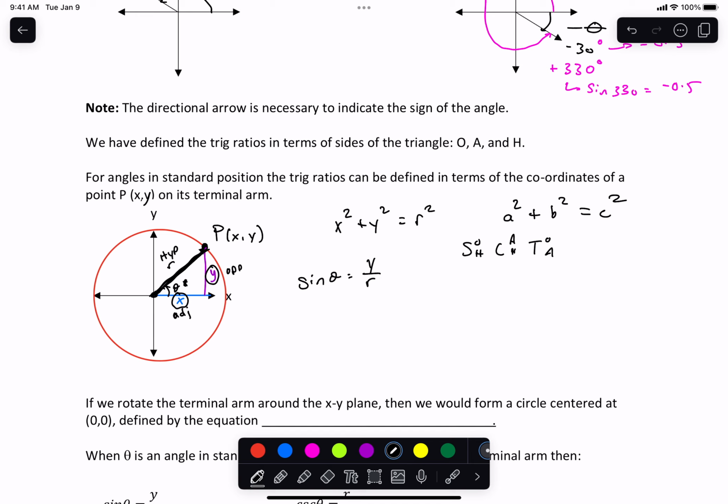What's the cosine of theta? Remember, you're just using SOHCAHTOA, right? X over r.